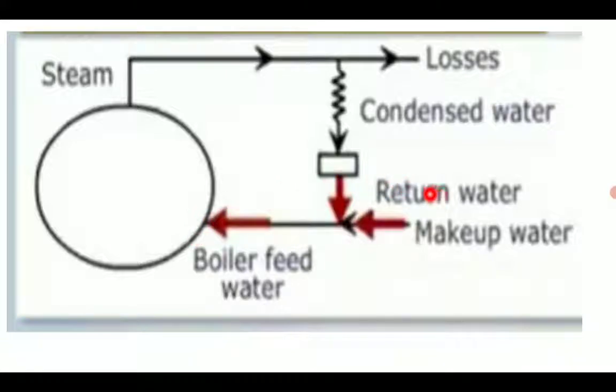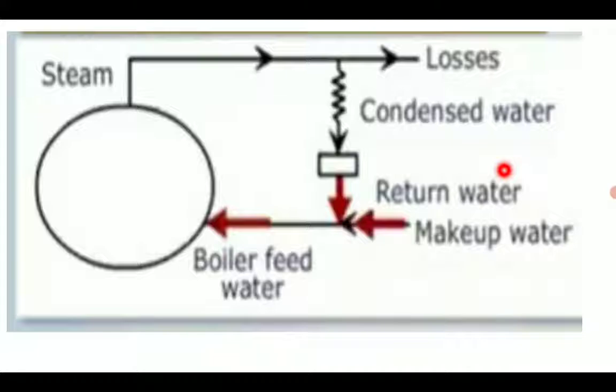Return water will be condensed water, and the impurities in the return water are very less. The dissolved impurities in the feed water should be lesser, so that it will not cause any erosion, scaling, etc. to the boiler.